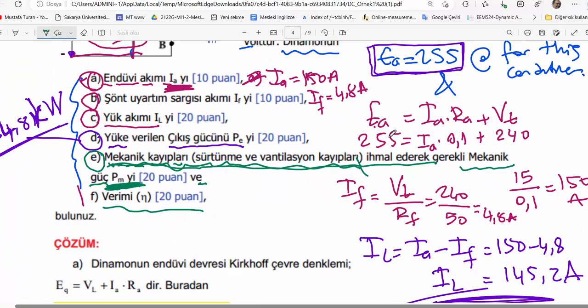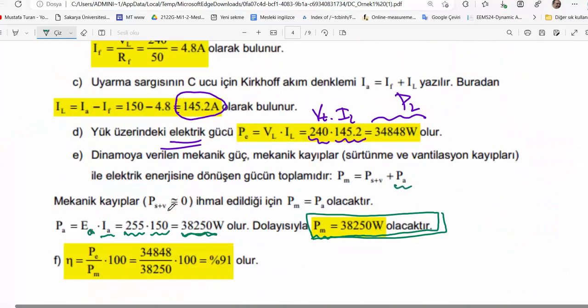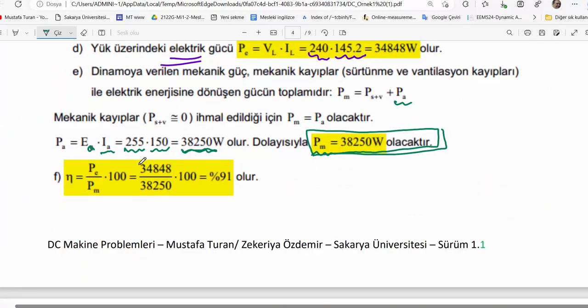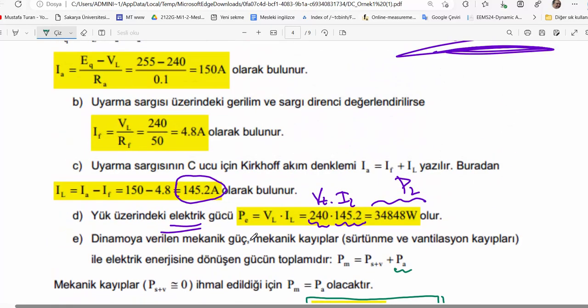Where was it? Here it was. That is the load power delivered to the load, and that is the input power applied in terms of mechanical power. So output power over input power makes a 91% efficiency for this machine. Ladies and gentlemen, it is a lyric question. You should understand this guy better.